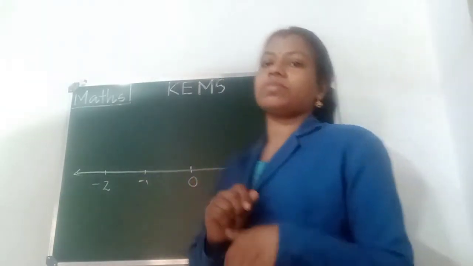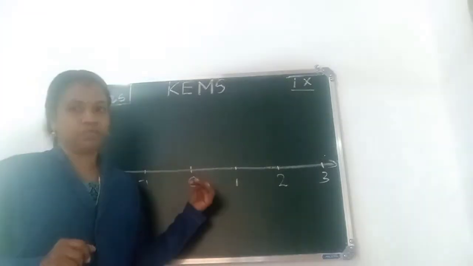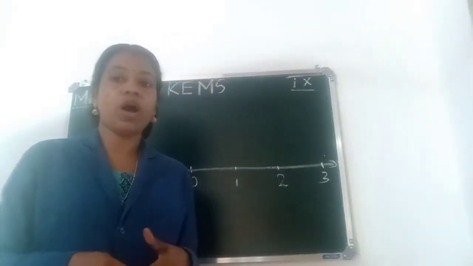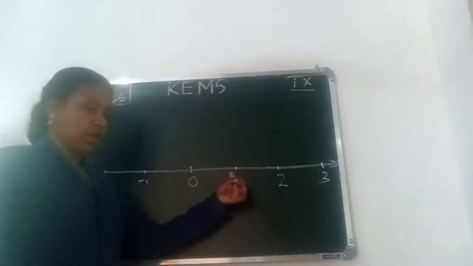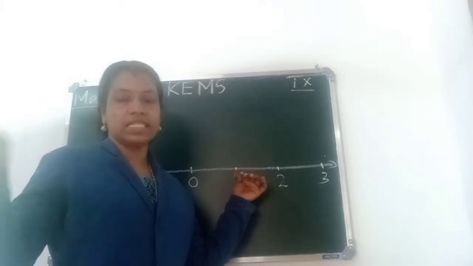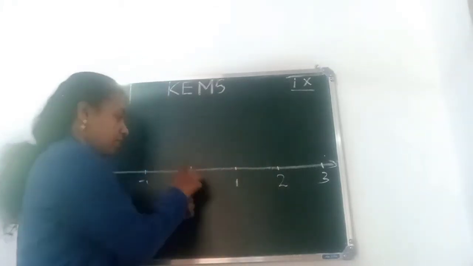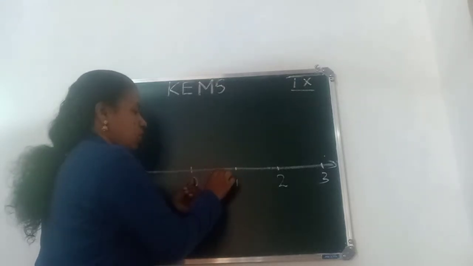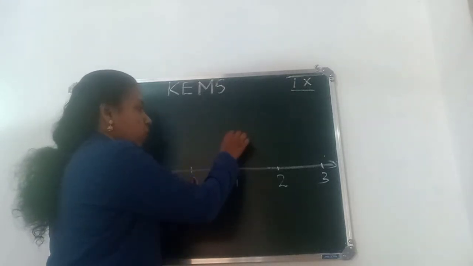Then from 0, draw a unit square, with each side having 1 centimeter length. From O, this is already 1 centimeter. Here mark 1 centimeter.